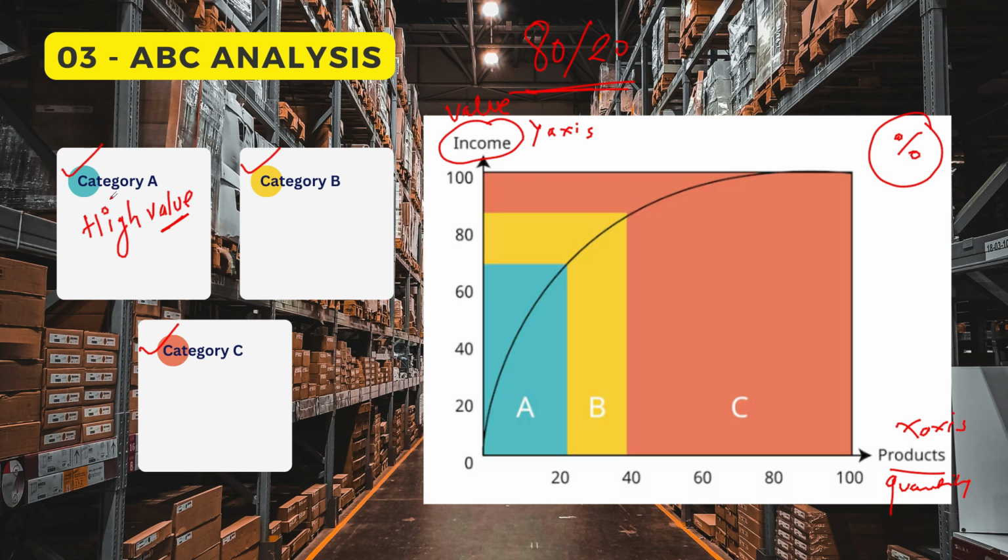Okay, so category A are high value items. Category B are moderate value items, and category C are low value items.